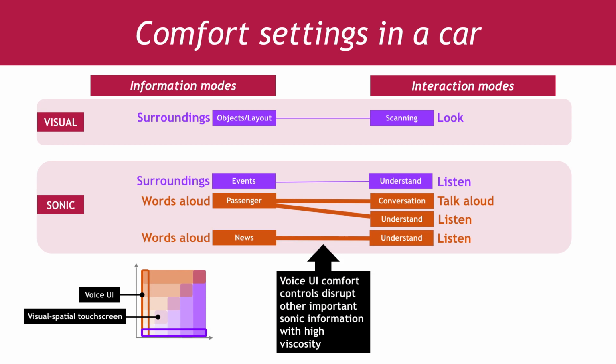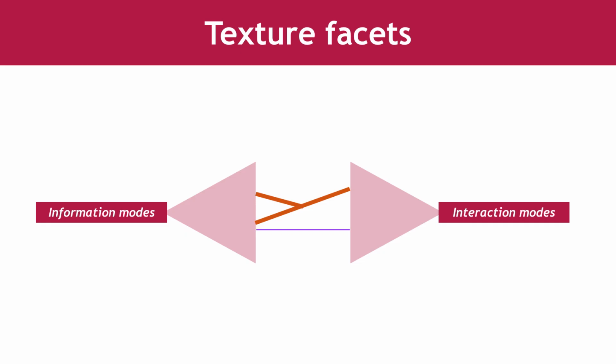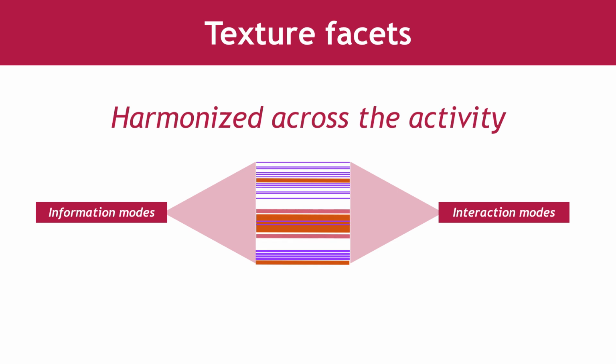We'll save vision, and use voice to control the settings. We don't want our texture facets to disrupt and step on each other. We want to make sure they're harmonized across the whole activity, enhancing each other or offloading something from one another. So we're looking for this harmony in the texture of the flow of meaning.